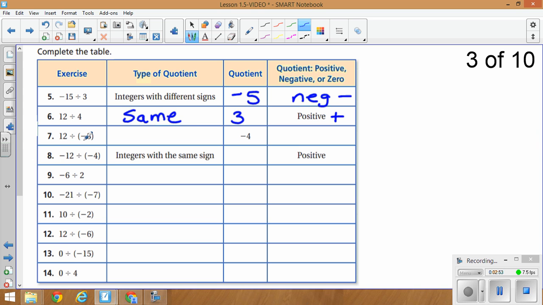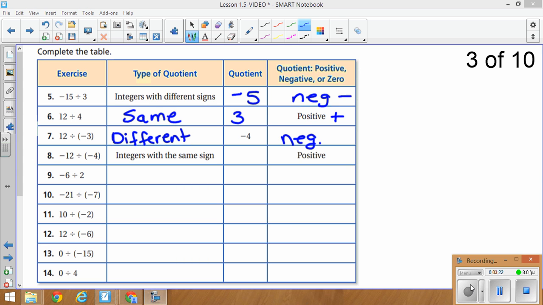My signs are different, so this is going to be integers with different signs. 12 divided by 3 is 4. Since my signs are different, we have negative 4, and the solution is going to be negative. So why don't you pause here and finish 8 through 14 on your own, and we will go over the solutions together in just a moment.